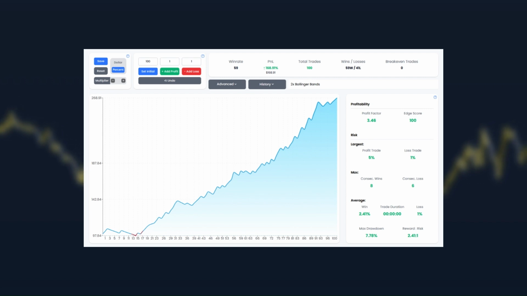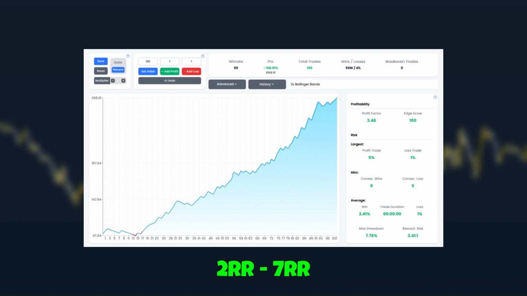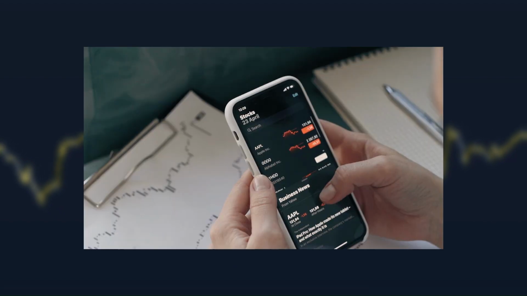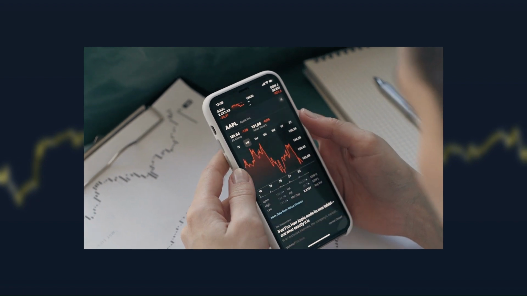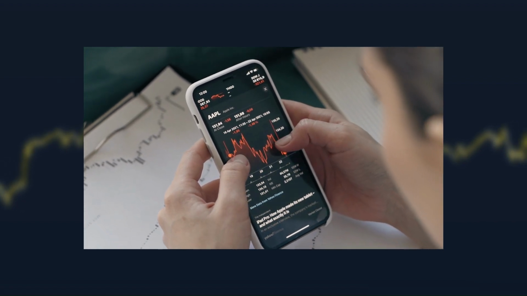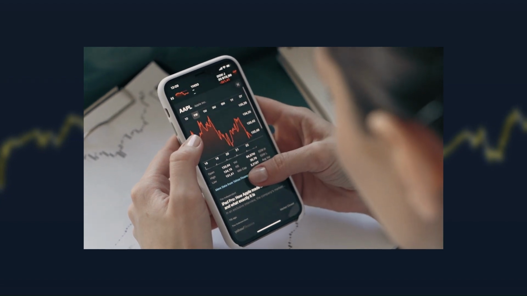Now the win rate is pretty realistic, but a lot of these trades are between 2 and 7 risk to reward ratio. I'm sure you can agree that everybody loves hitting trades as high as that, and considering all of the new changes recently with TradingView, especially going down to 2 indicators, it is a massive hit on all of the people that are trying to learn and trade with a free strategy.